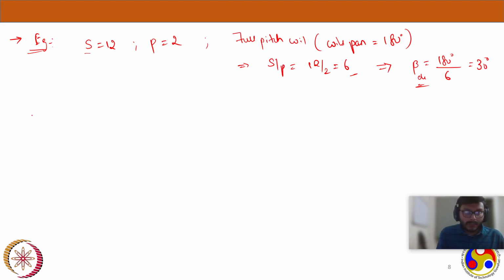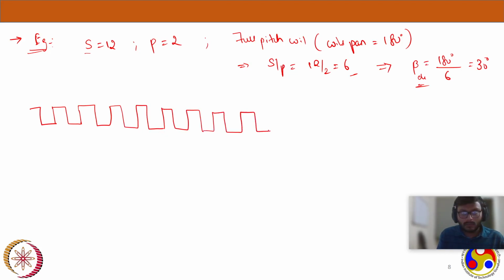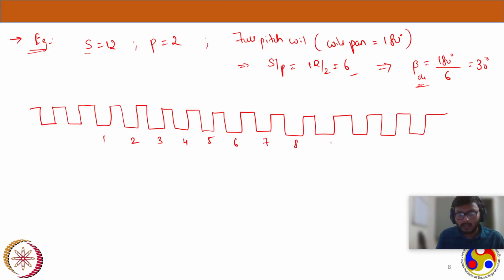Now, let me try to draw the slots here. 1, 2, 3, 4, fifth slot, sixth slot, seventh slot, eighth slot, ninth slot, 10th slot, 11th slot, 12 slots.